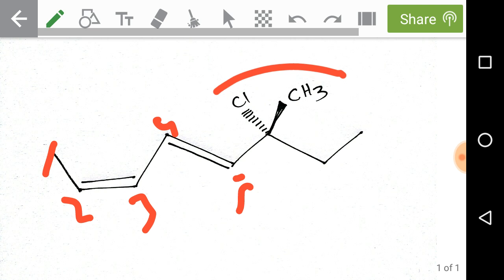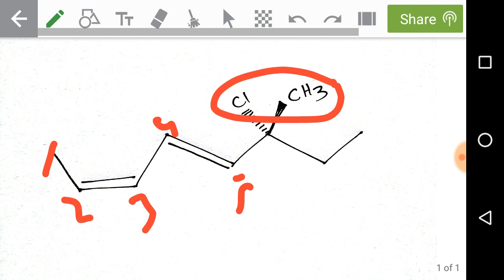Here we need to look at the first letter of those substituents, chlorine and methyl. In chlorine we have C, in methyl we have M. So which is first in alphabetic order? C. That means we need to give first priority as a prefix to chlorine.